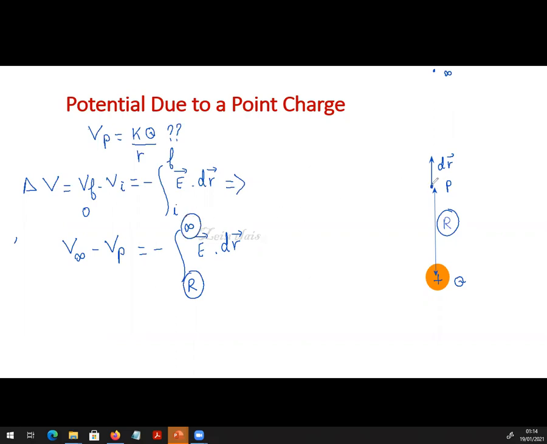This is the position of r, and here we have the position infinity. Small dr must be like this, a small displacement from this point to this point.